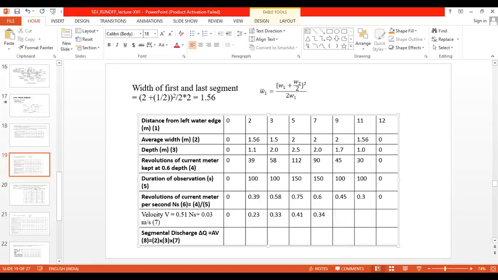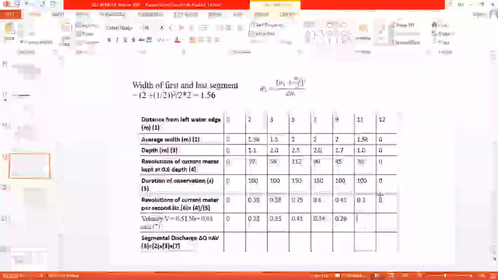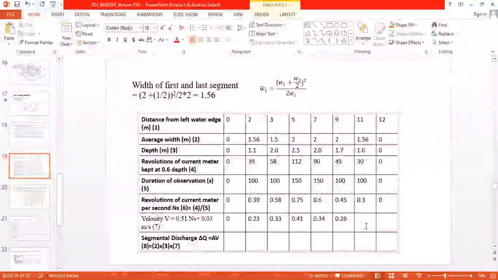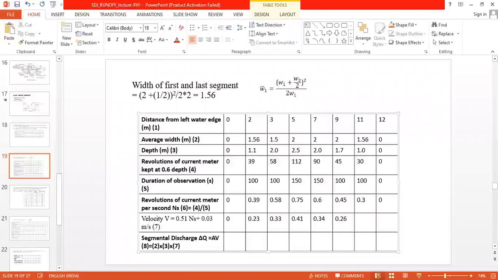Next, 0.51 into 0.45 plus 0.03, that is 0.26. Lastly 0.51 into 0.3 plus 0.03, that is 0.18, and lastly it will be 0.